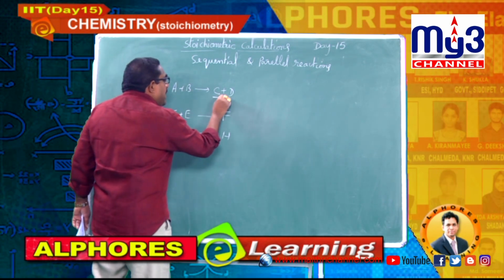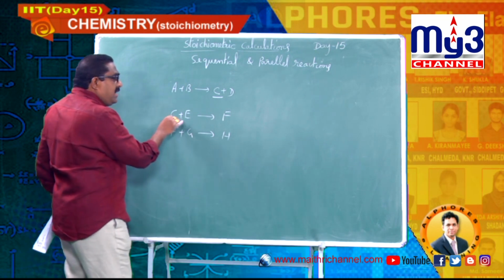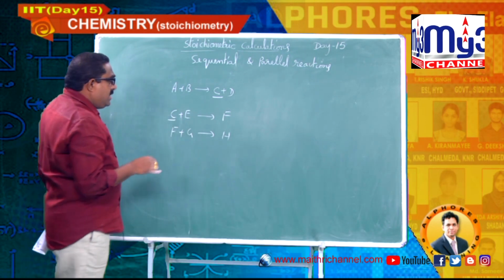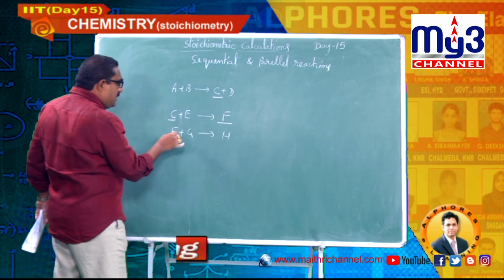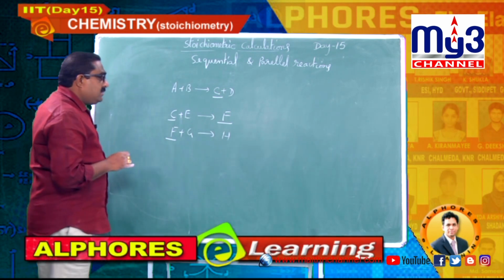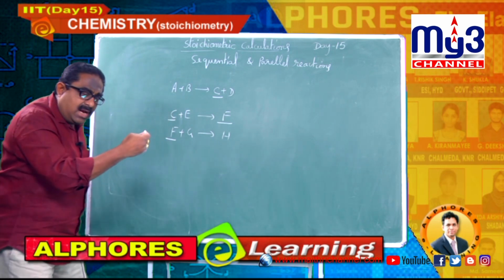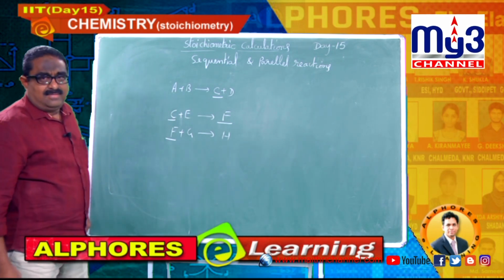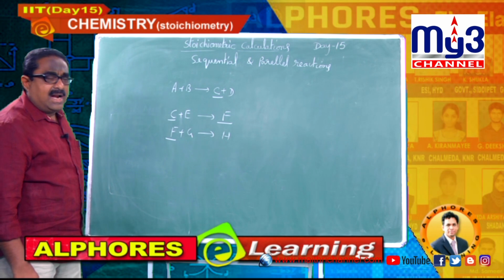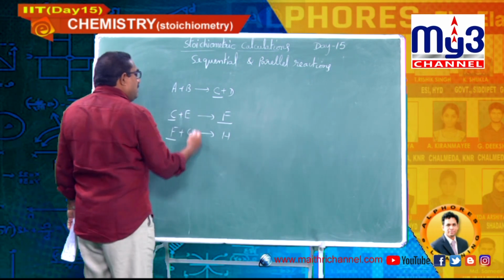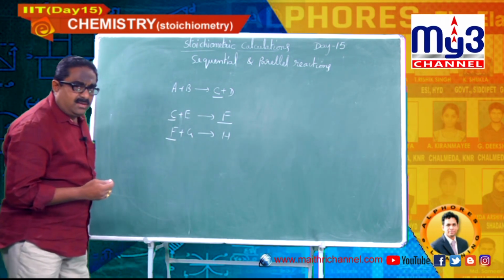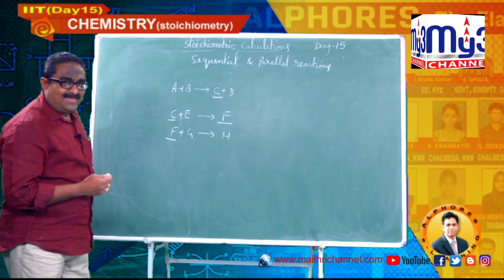The product obtained in the first reaction will be the reactant in the second reaction, and the product obtained in the second reaction will be the reactant in the third reaction. So, these reactions go sequentially one after another. That is why these types of chemical reactions are called sequential reactions.